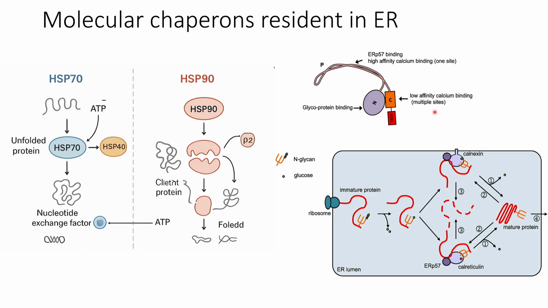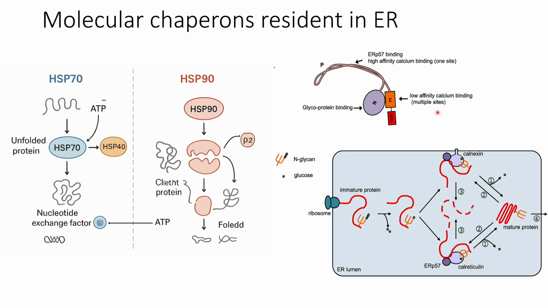chaperones like calnexin and calreticulin. These chaperones are basically involved in glycoprotein structure. They are mainly involved in adding the carbohydrate group on the protein structure. If you see most of these transmembrane proteins, they all have glycoproteins, they all have a carbohydrate group attached to them.